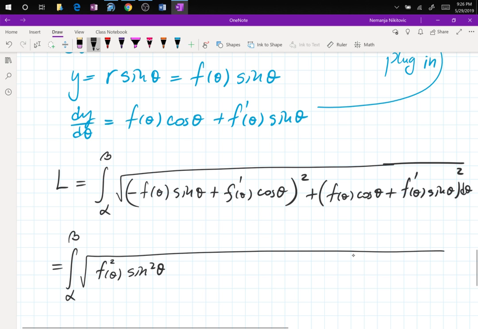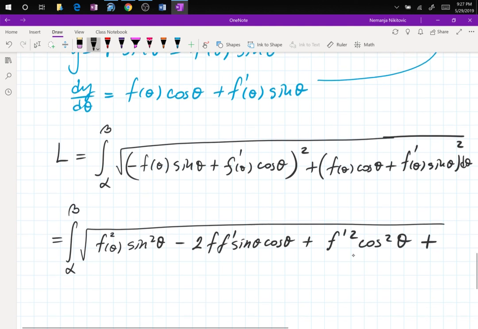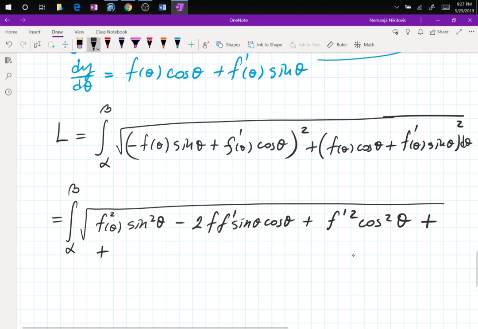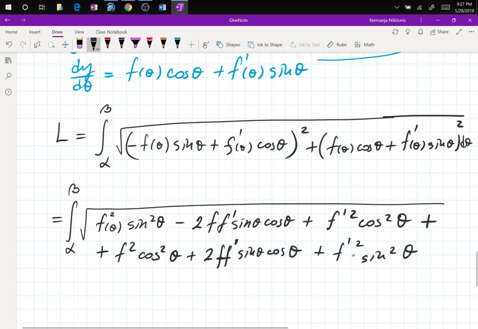So square the first one plus, no, minus 2 times f prime sine theta cosine theta plus f prime squared cosine squared theta, plus f squared cosine squared theta plus 2f prime sine theta cosine theta plus f prime squared sine squared theta, everything d theta.